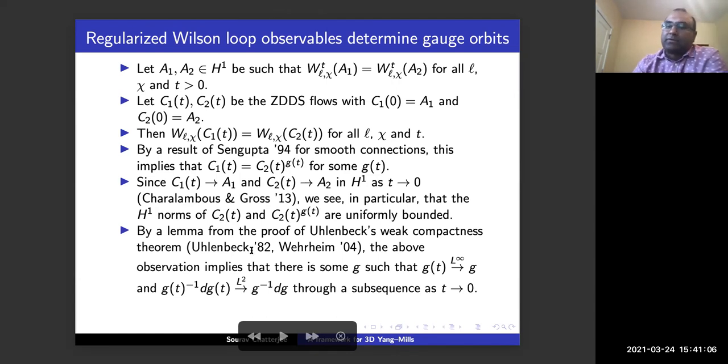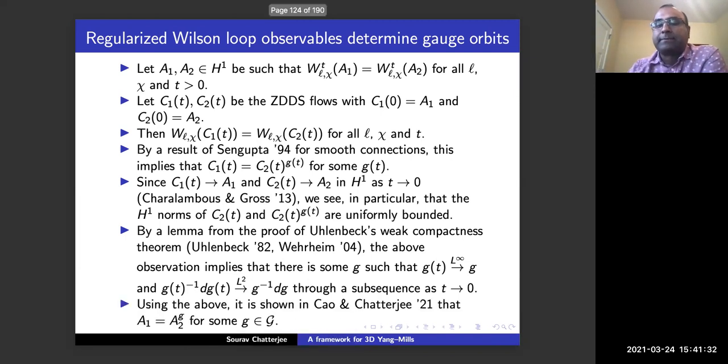And there's a lemma in the proof of Uhlenbeck's weak compactness theorem, from which you can deduce that under this condition, these gauge transforms GT have convergent subsequences. Convergent meaning that GT converges in L infinity to G, but not only that, GT inverse dGT is also converging to G inverse dG through a subsequence in L2 as T goes to 0. So you can extract a convergent subsequence of gauge transforms.